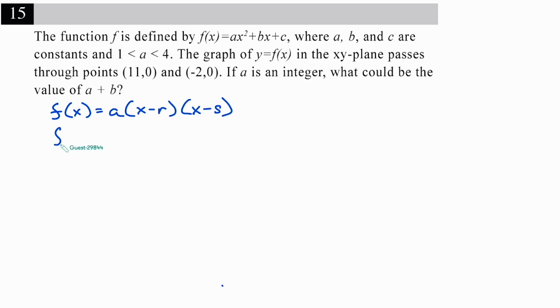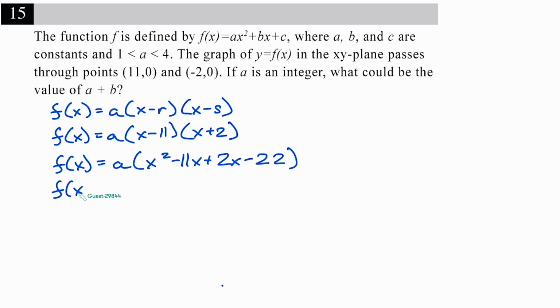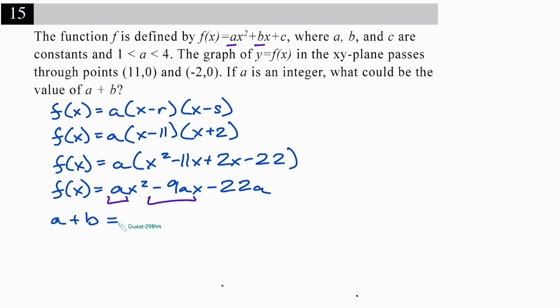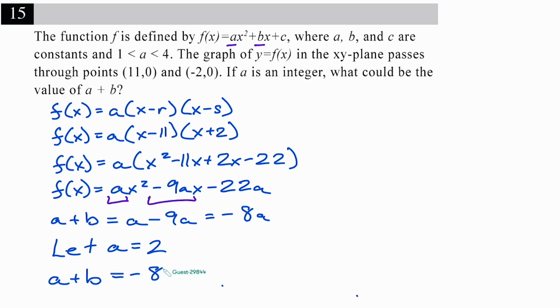We then have y = a(x - 11)(x + 2), and you know the drill. We'll expand this out and distribute the a. We want to know the sum of the first two constants, so that's a - 9a, which is -8a. And this time, we're told that a is an integer between 1 and 4, so let's call it 2. That leaves us with -16.